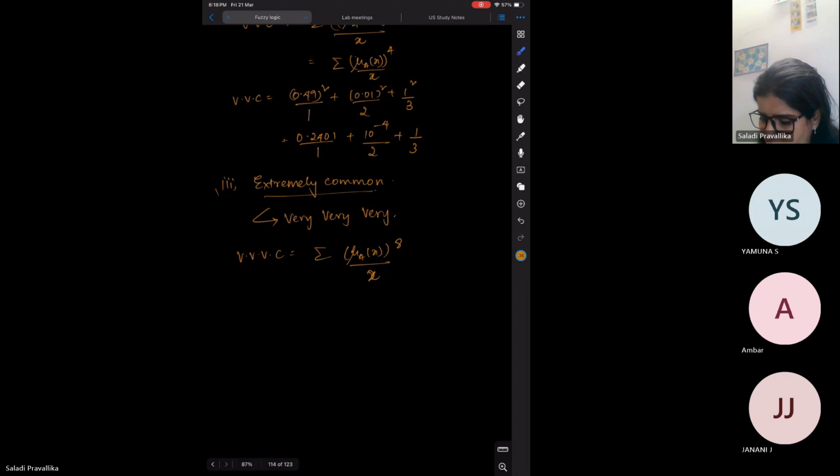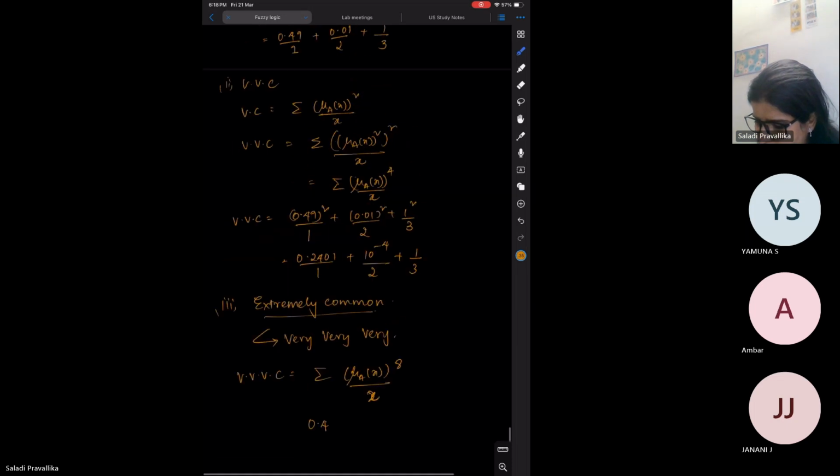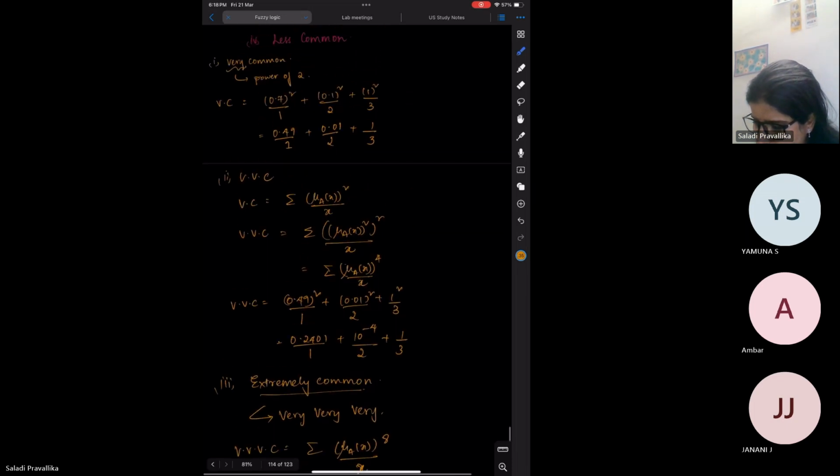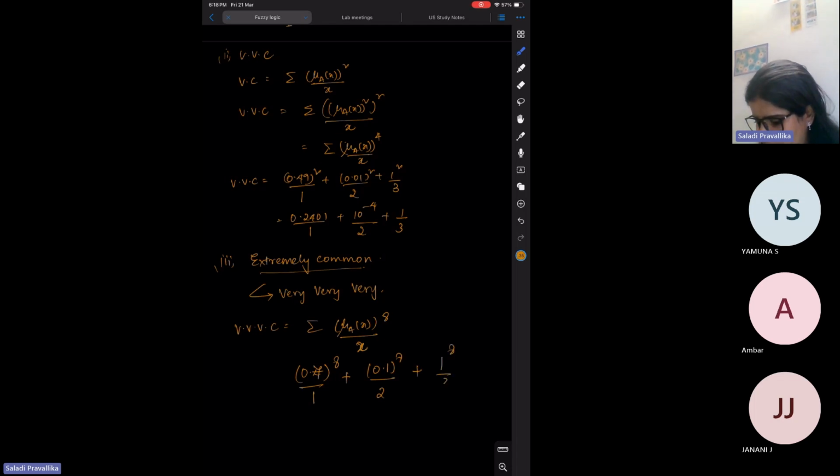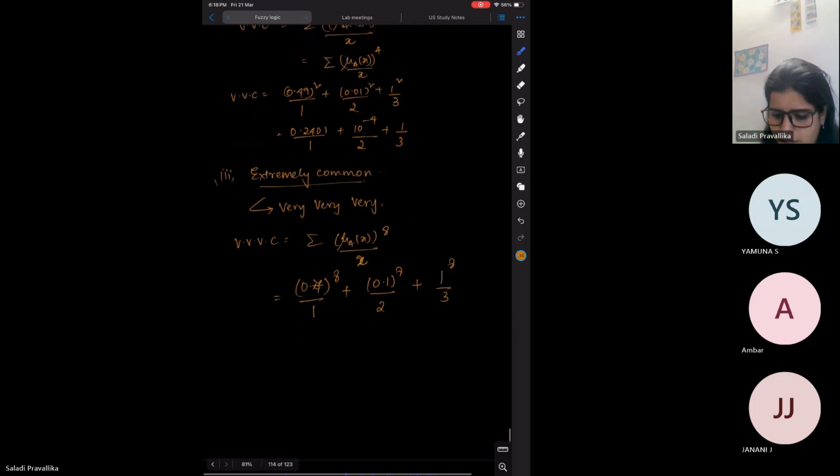So it is going to be 0.7 to the power 8 for 1, 0.1 power 8 for 2, and 1 power 8 for 3, right?